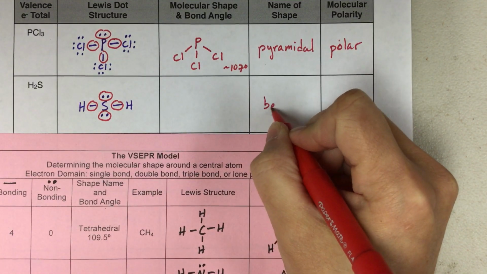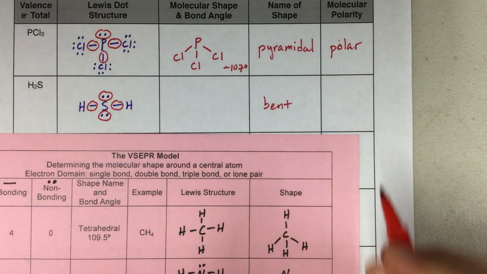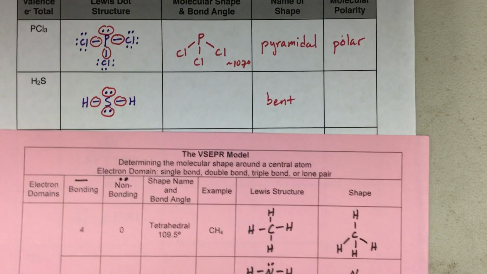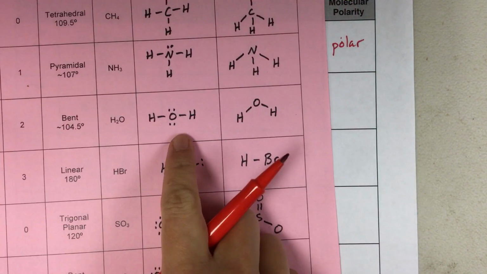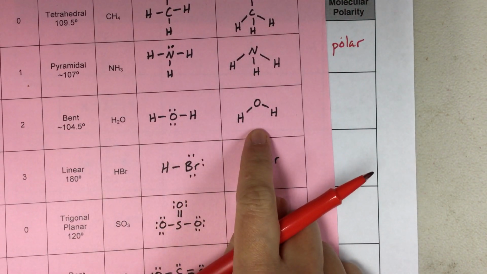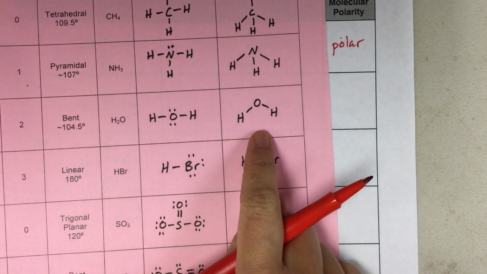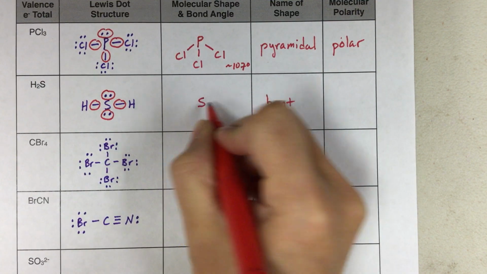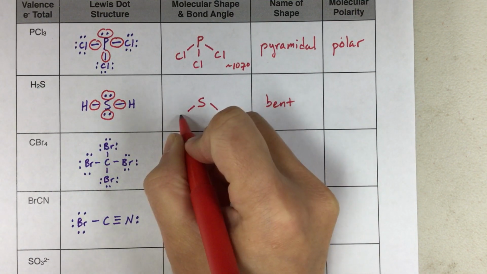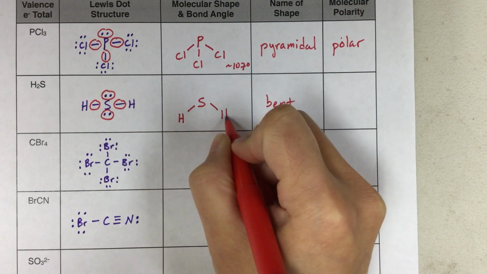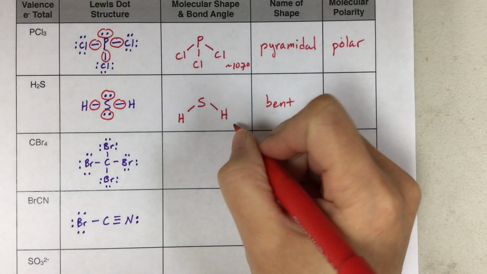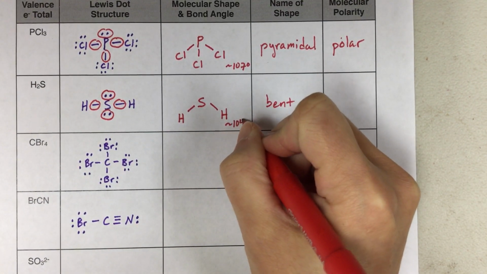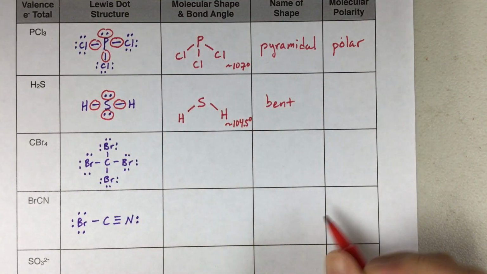So this is bent, and to draw this, if you look on your cheat sheet, we actually have to draw it bent to show the shape. So this one, we have S here, and then we have to have these bond angles showing bent, and it's about 104.5 degrees.